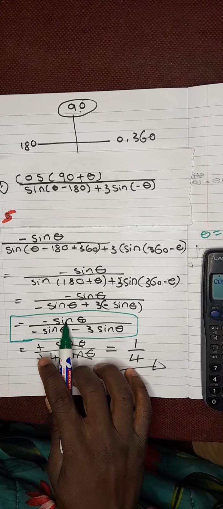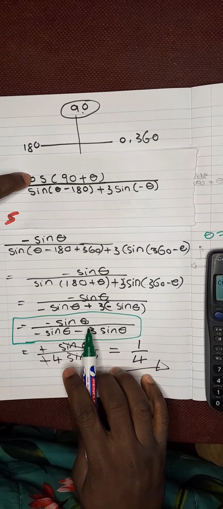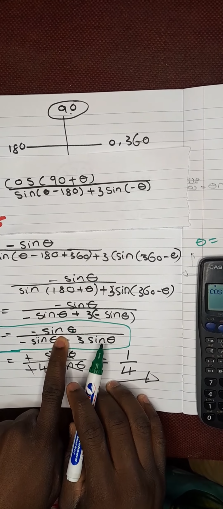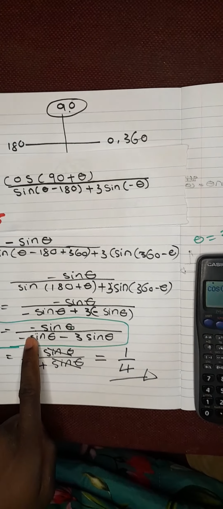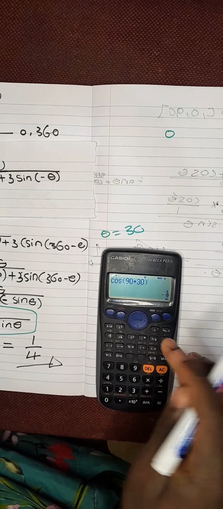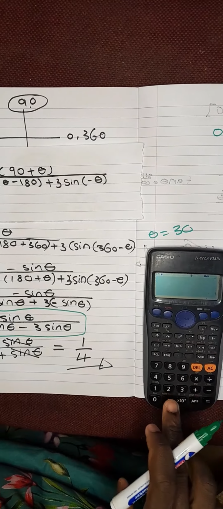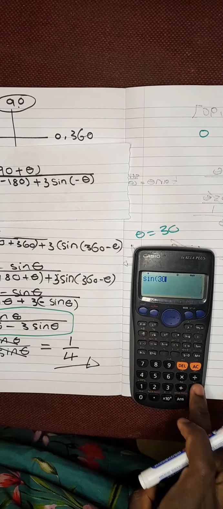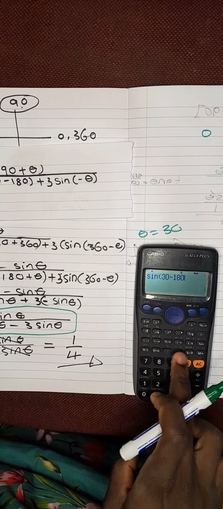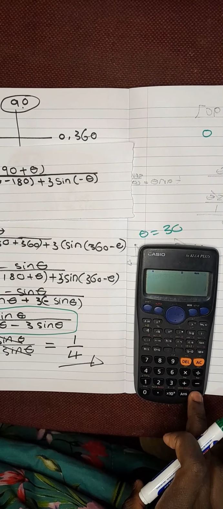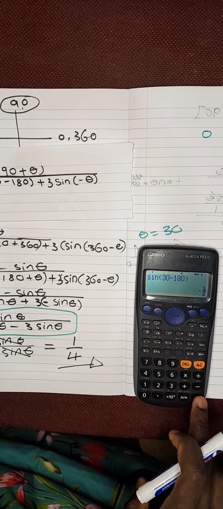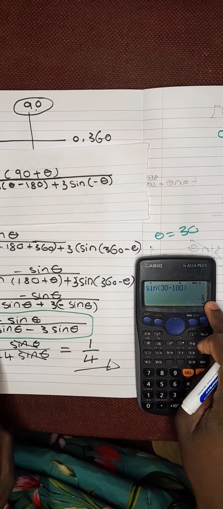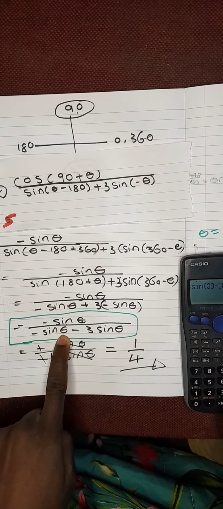I'm going to have negative sin theta because here I have cos, so it has to change to sine. But my sign is negative, as shown in the calculator. Divided by, I'm going to have sin(30 minus 180). Is it positive or negative now? As you can see in the calculator, it is negative, meaning I'm going to have negative sin theta.